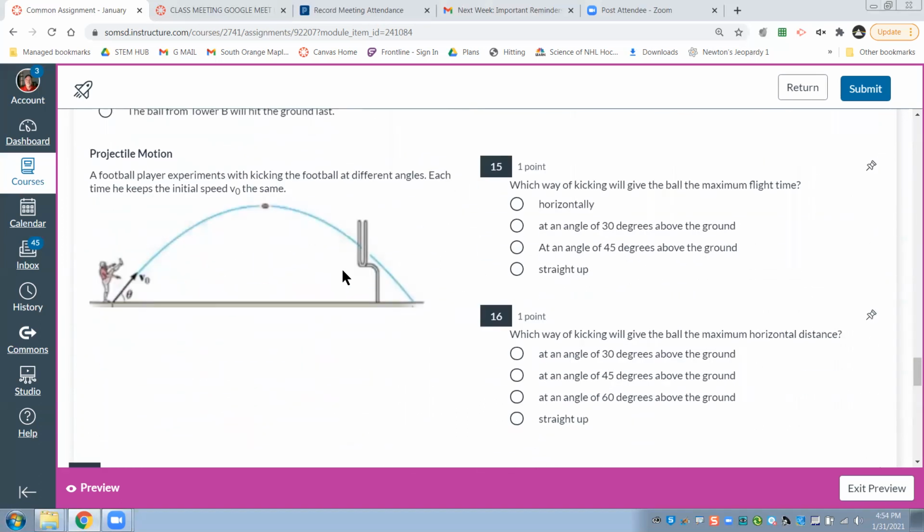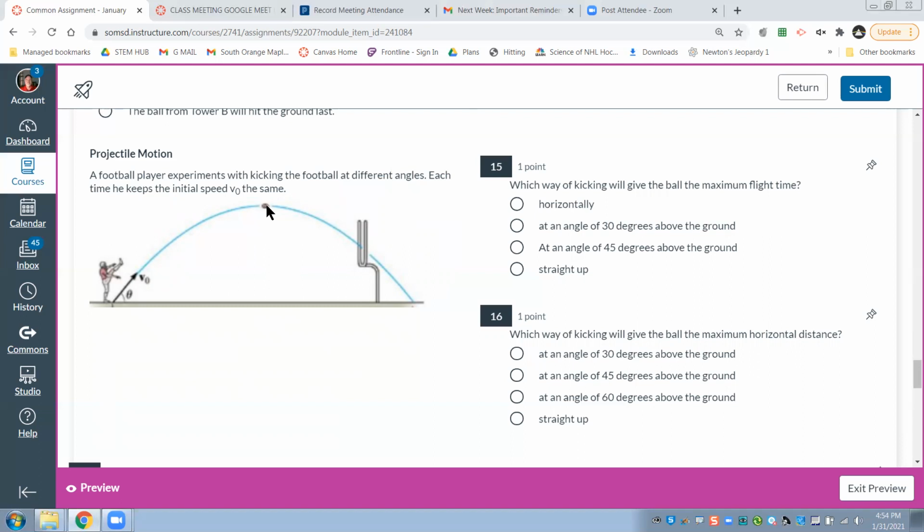Number 15, 16 are projectile motion. We know that in order for the football to go this distance, it must have horizontal velocity. But it also needs time in the air, and that requires height.